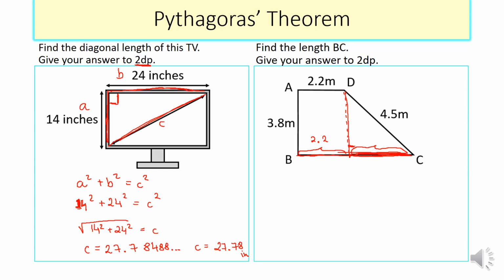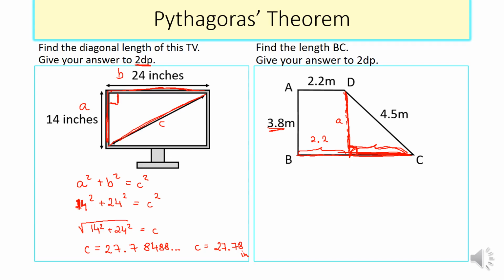So this is a right angle triangle, and I can label the sides. Let's say that this is A and the length of A is 3.8. That's the same length here. Now I also know the hypotenuse, which is 4.5, and I need to find this side here.